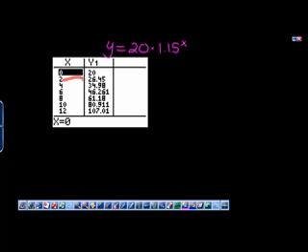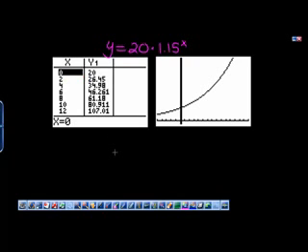After 2 years, the population will be 26,000. Let's take a look at the graph. As we can see by the graph, the exponential function curves, starting out with a slow change and increasing with a greater change.